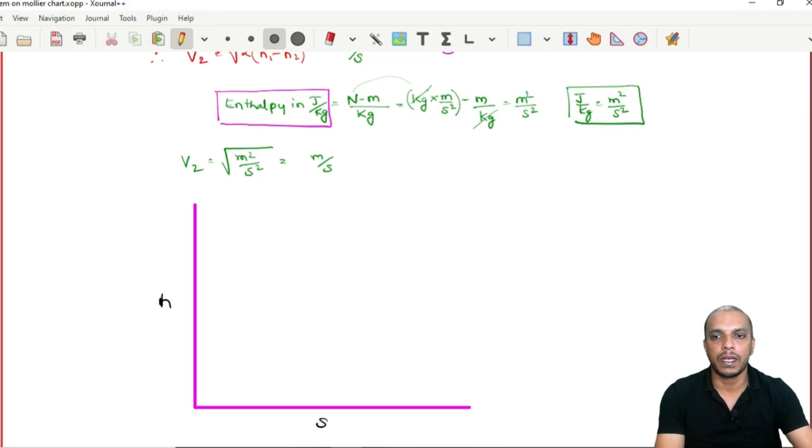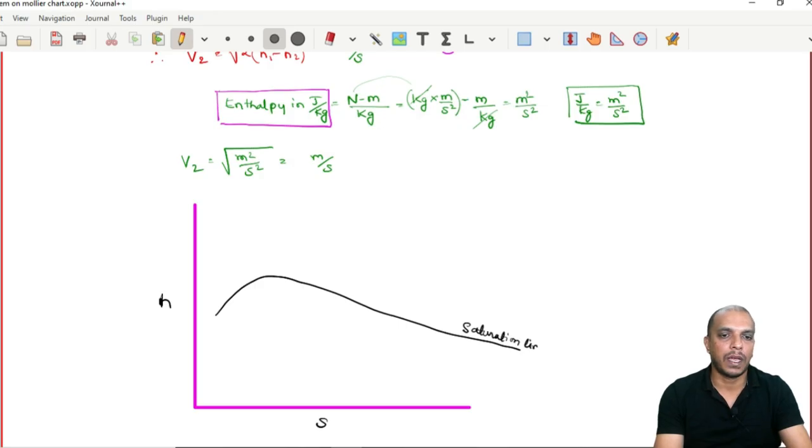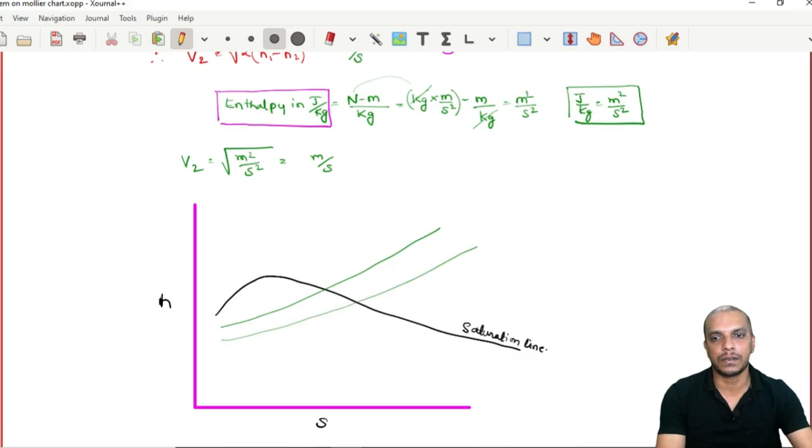We will have a dryness fraction line, which is a saturation line, and we will have constant pressure lines, which are like this. These are all constant pressure lines.